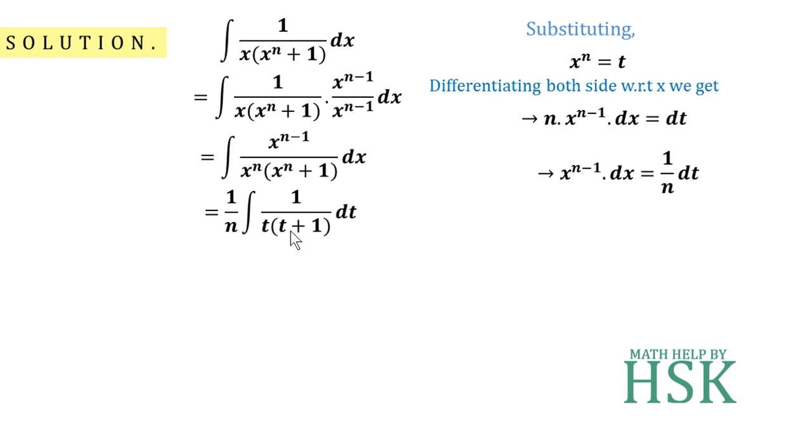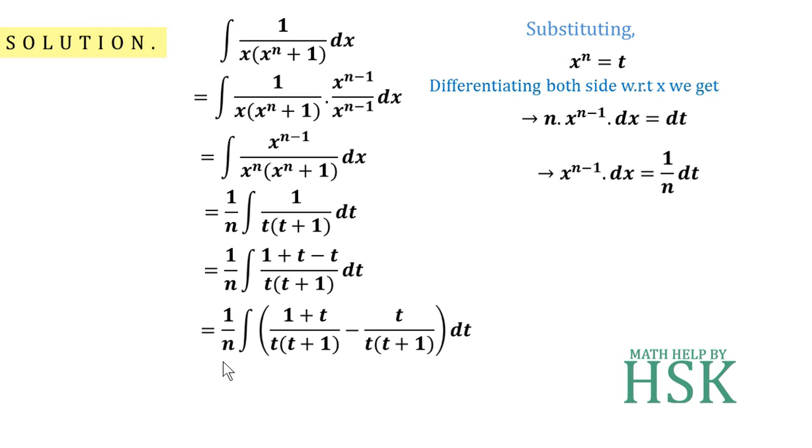This is a very simple fraction which we have obtained in this question, so this can be resolved into its partial fraction by applying a simple trick, and the trick is that we are going to add and subtract t to the numerator. That is, to 1 we have added t and subtracted t. Now we are going to divide the denominator with 1 plus t and this t separately.